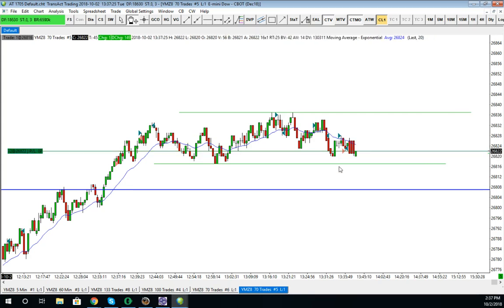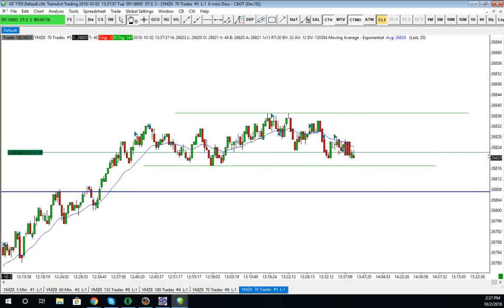Okay, let's just see what we can make of this. All right. Actually, we can leave this. Remember, this was the horizontal line from the 15-minute chart.